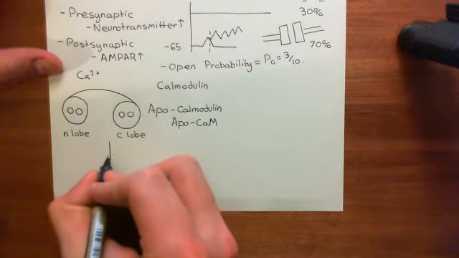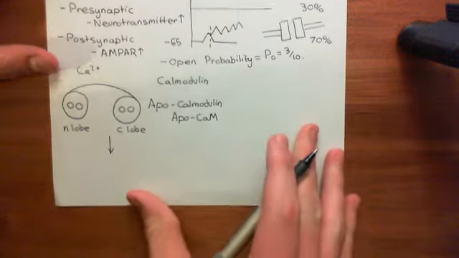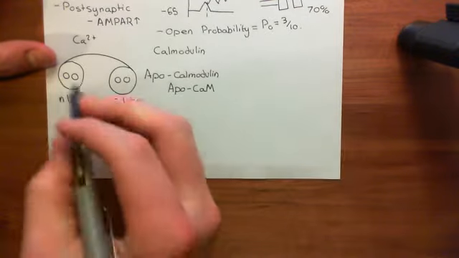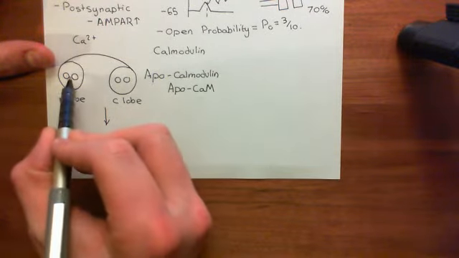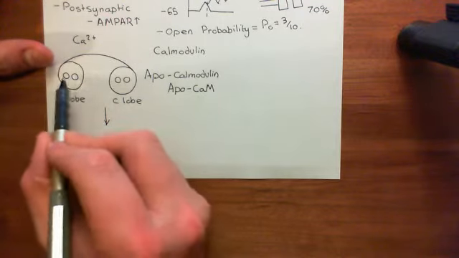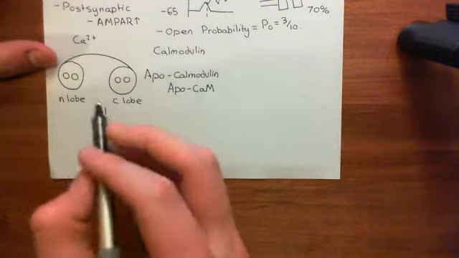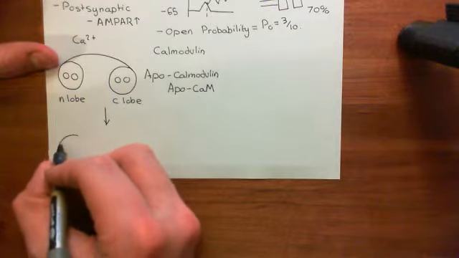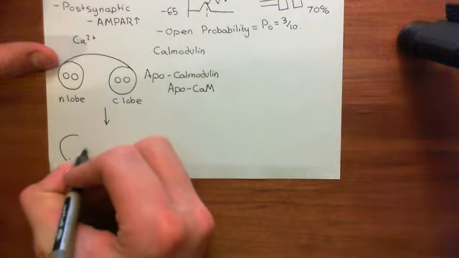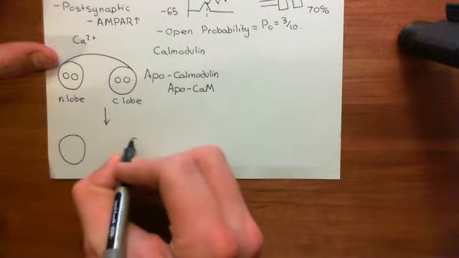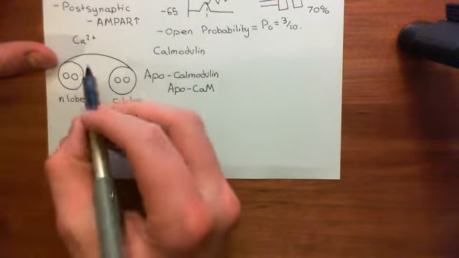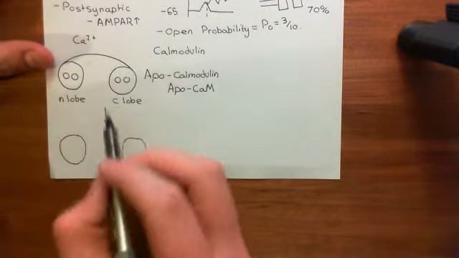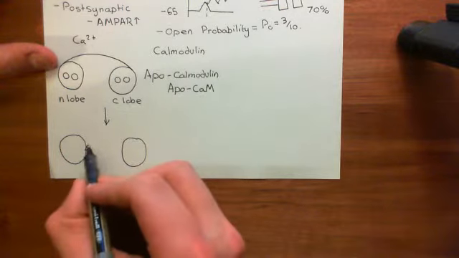When calcium goes up in the cytoplasm of the postsynaptic neuron, 4 calcium ions will bind to the 4 calcium binding sites of the calmodulin protein. This is going to transform the structure of apocalmodulin into something known as calcium calmodulin complex. It will go from having this hunched over structure to this linear structure.